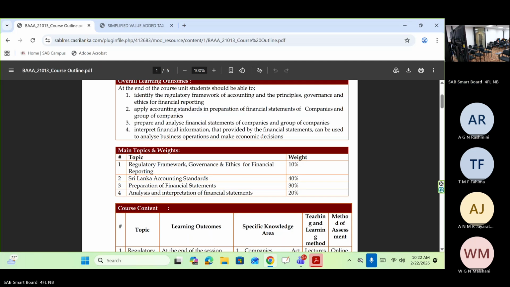Fourth one, research and development cost. Right. Fifth one, website development.